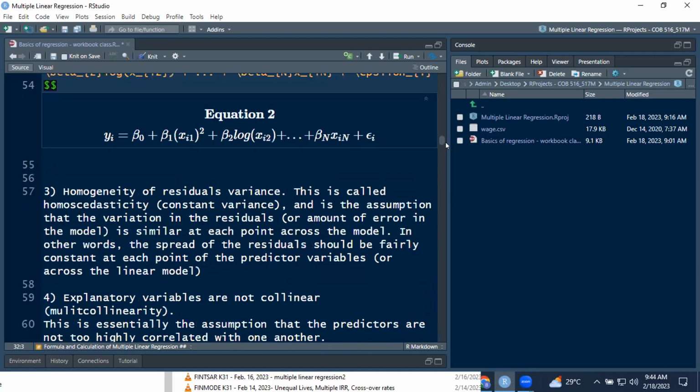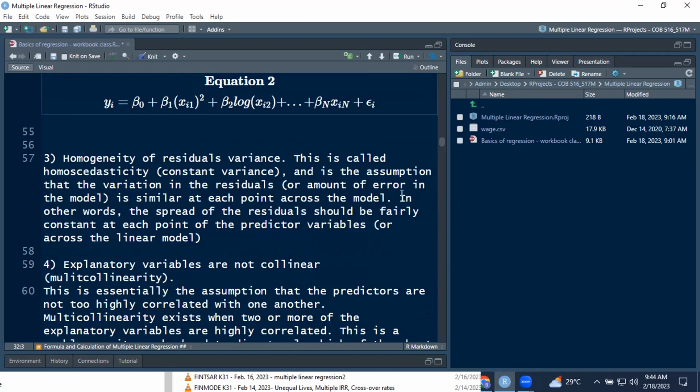Okay, third, homogeneity of the residual variance. A while ago, I said that when we create an OLS model, there will be, of course, residuals. There will be a difference between your actual value and your model value or your predicted value.